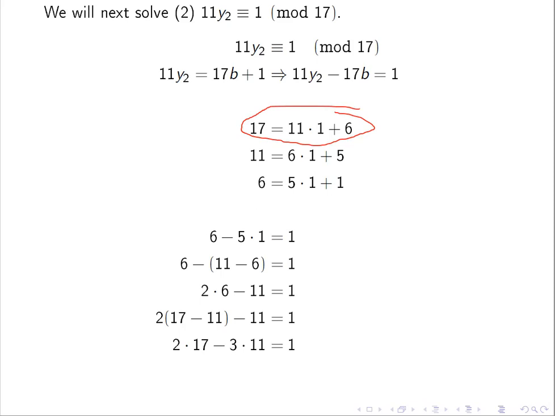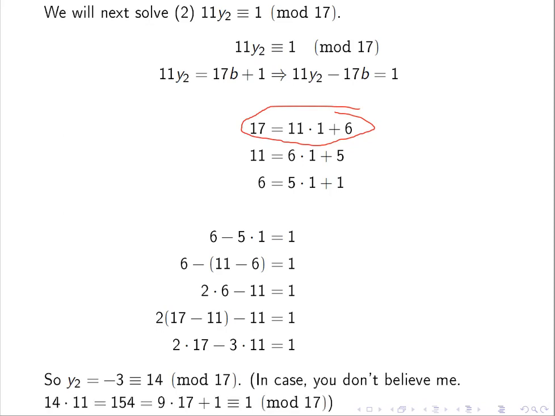Now, our instinct right here would probably be that y2 is -3. But remember, we want a positive value. So -3 is congruent to 14 mod 17. All right, so we have solved this, and in case you don't fully believe me, 11 times 14 is 154, which has a remainder of 1 when divided by 17.